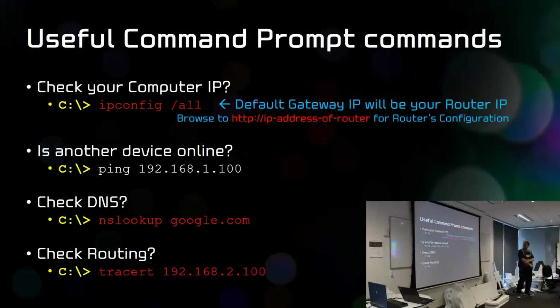Some other useful commands are on that slide. So to find our computer's IP, ipconfig /all, and then when you look at the default gateway setting, if it's given via DHCP, that'll be the IP of your router. To find if another device is actually connected on your network is the ping command.